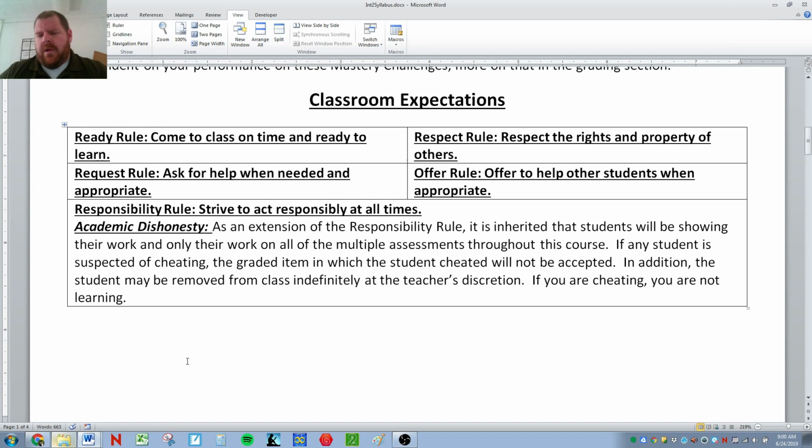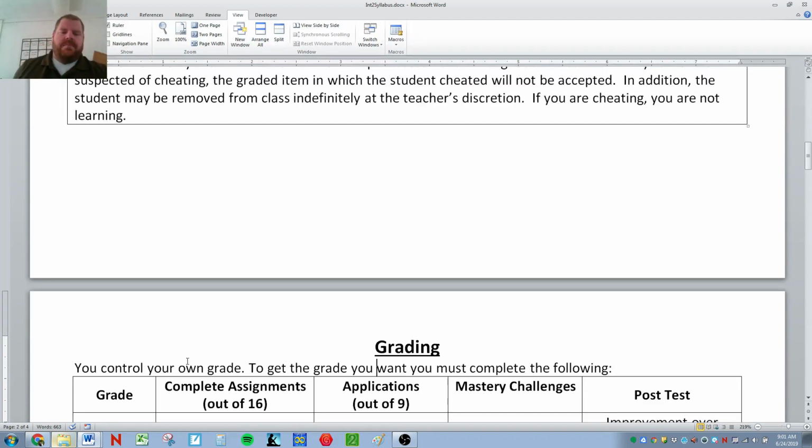The offer rule: offer to help other students when it's appropriate. And the responsibility rule: strive to act responsibly at all times. I know we can't always act responsibly, but we can really try to do that as much as possible. So keep that stuff in mind. I do think it's important.